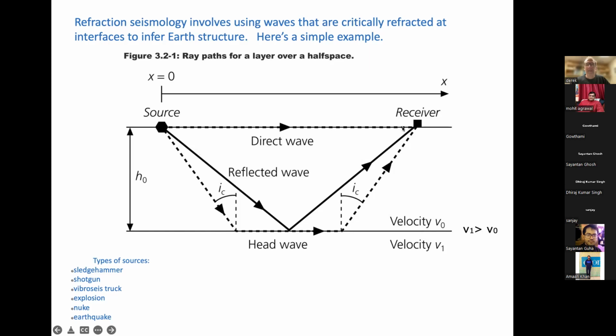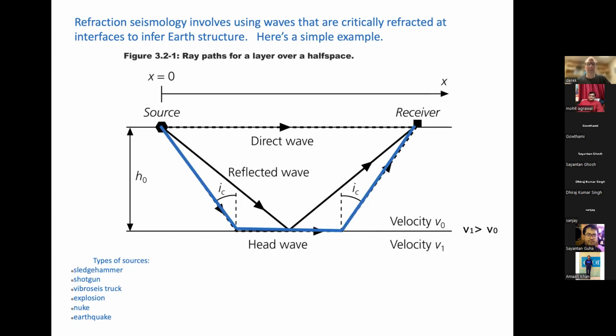It produces a direct wave, a reflected wave off the interface, and a head wave that is refracted at the interface. You might recall the head wave was the evanescent wave that I talked about in the previous lecture. Types of sources can be a sledgehammer, a shotgun, a vibroseis truck, an explosion, a nuclear bomb, or an earthquake. All of these have been used for refraction seismology.